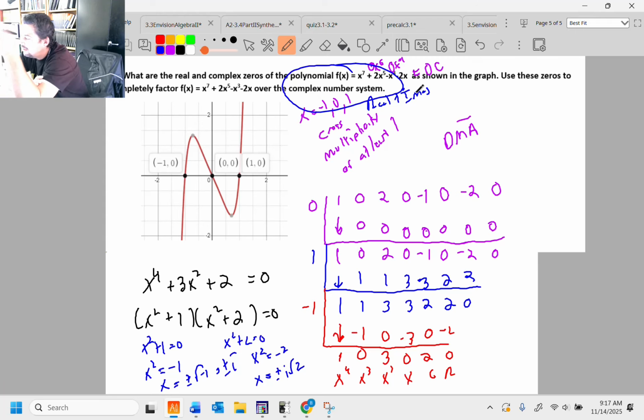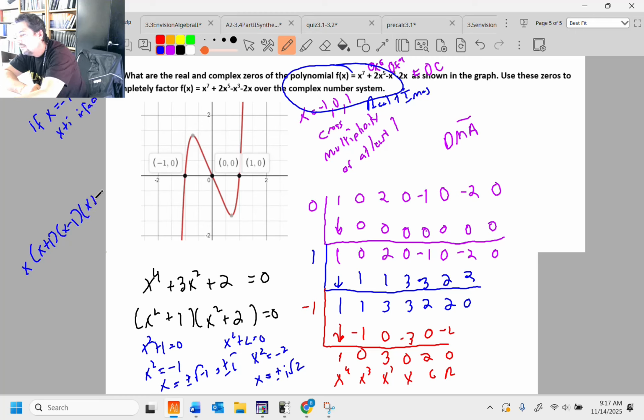So let's look at all of our zeros. This was a 0. The factor is x plus 1. This was a 0. The factor is x. This was a 0. The factor is x minus 1. Those are the 3 real ones. Now, if x equals negative i, x plus i is the factor. We just changed signs.